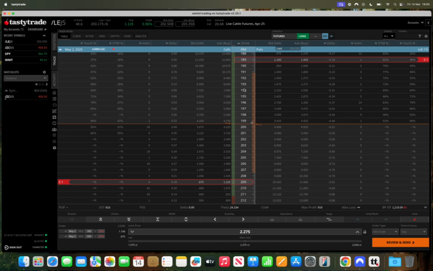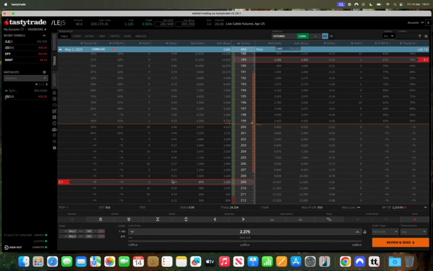And we have a pretty high probability of success because our delta, there's two functions to delta, and one of the functions is it tells you the probability of this contract expiring in the money. Okay, so if you want to know the chance of this contract expiring out of the money, you would just do 1 minus this, basically, or this minus 1, whichever way around it is.